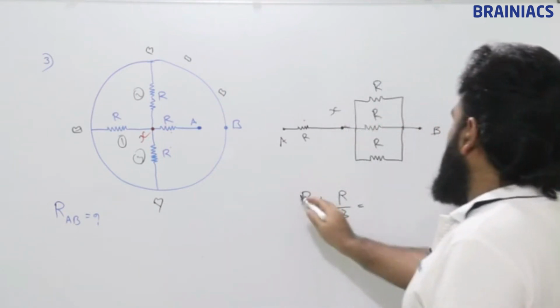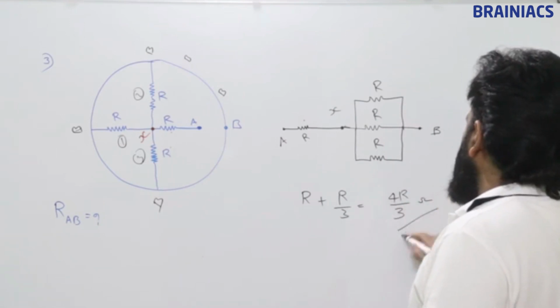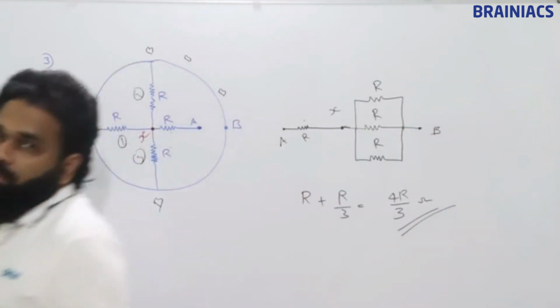So this is going to be 4R by 3. This is the resistance of this circuit.